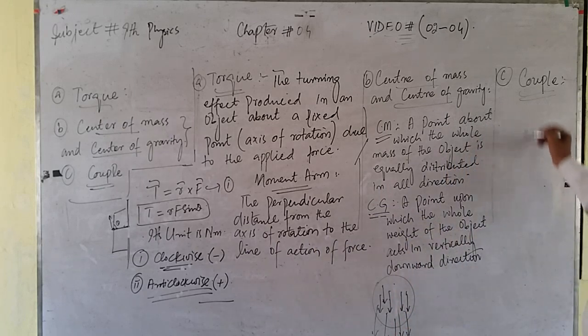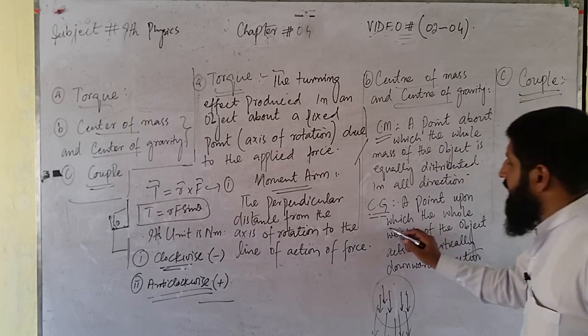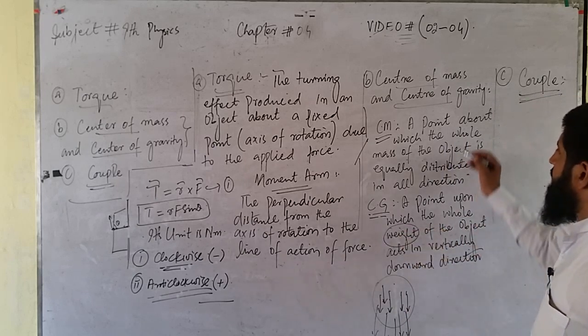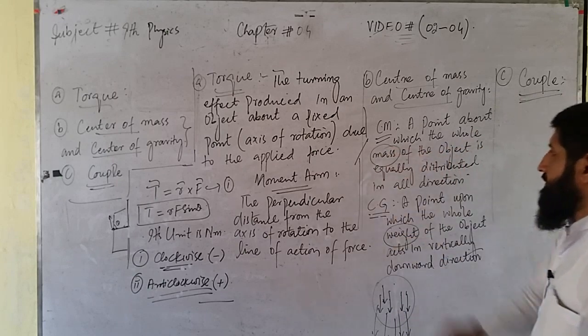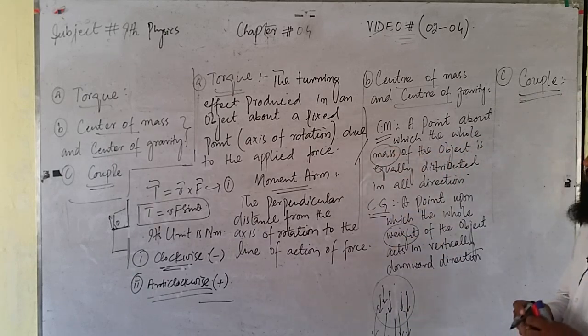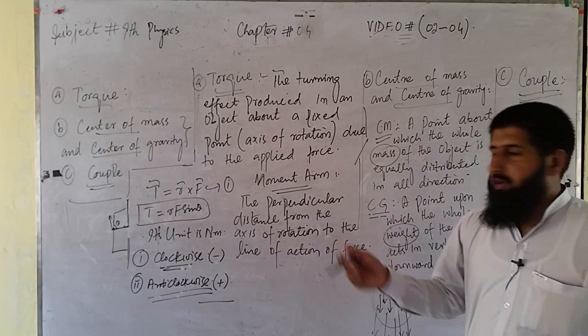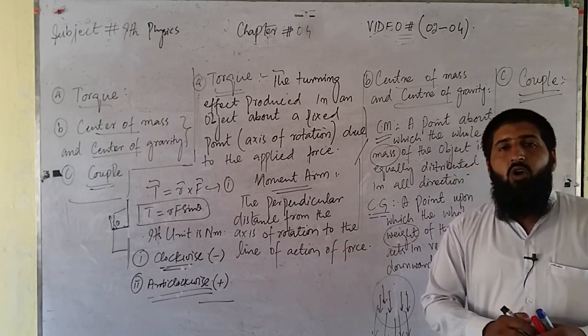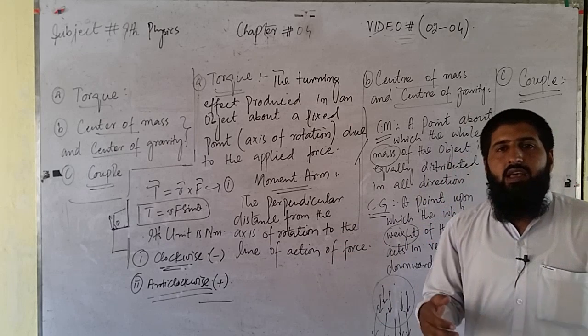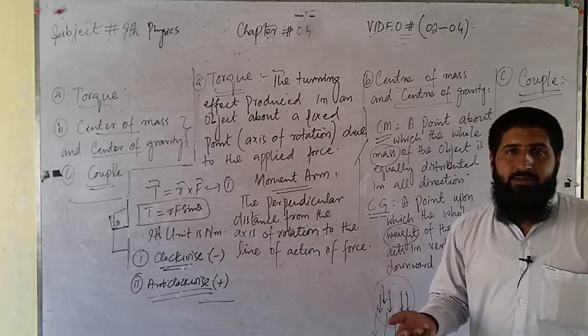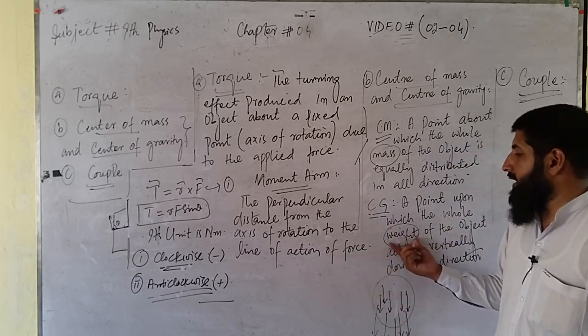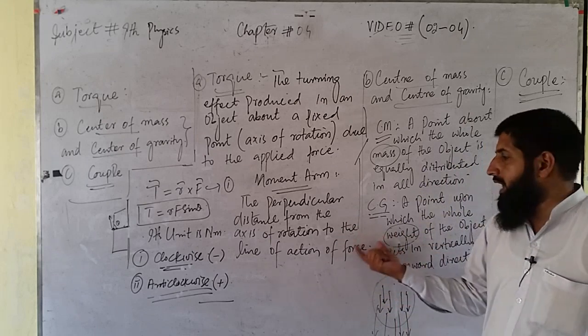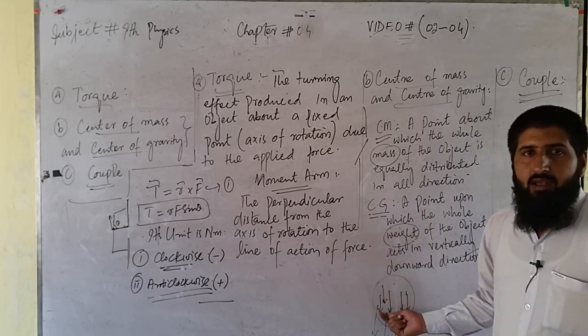It should be kept in mind that here we are considering weight and there we are considering mass, that the whole mass of the object is equally distributed. But here we are considering a point upon which the whole weight of the object is assumed to act. Here we assume that the whole weight of the object acts at a particular point.